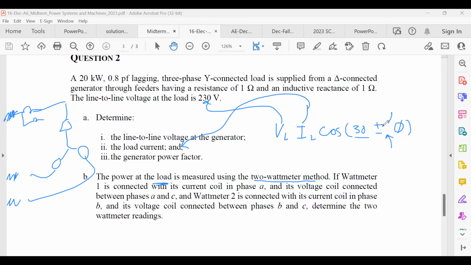You have the angle, one will be positive, one will be with the negative sign, and you will get wattmeter 1, wattmeter 2. As a check, the 2 wattmeters must add up to equal the 3-phase power of the load.